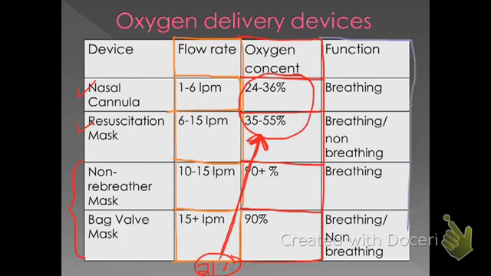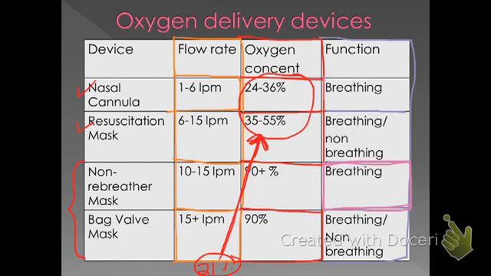Well, that's a functional question, right? The two devices that can be used on both conscious and unconscious patients are our resuscitation mask and our bag valve mask. However, the other two devices, the non-rebreather mask requires our patient to be conscious and breathing, because the patients have to breathe in order to get oxygen into the pharynx, the larynx, and into the alveolar sacs.